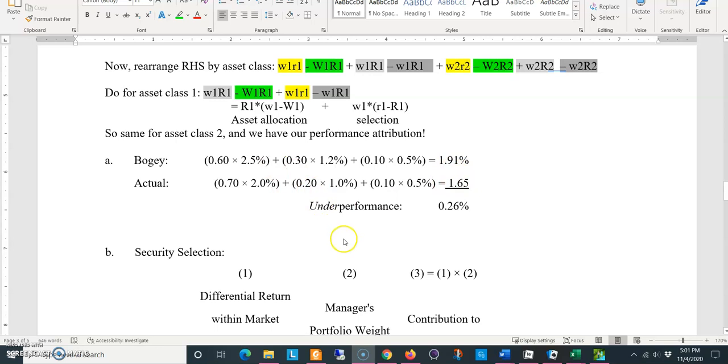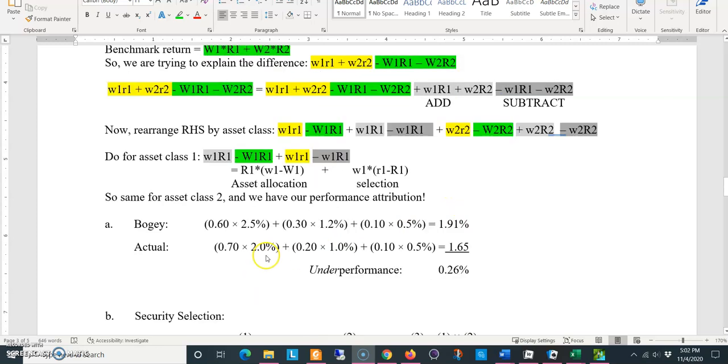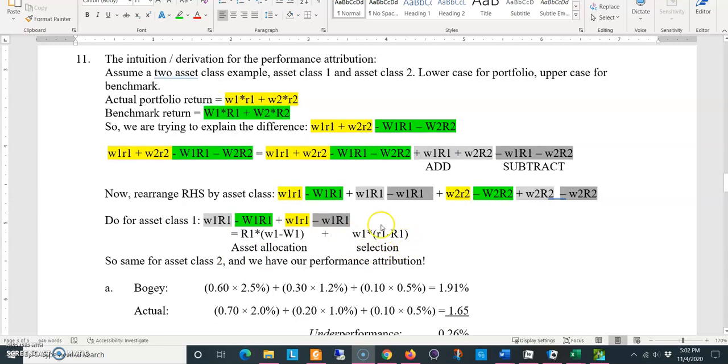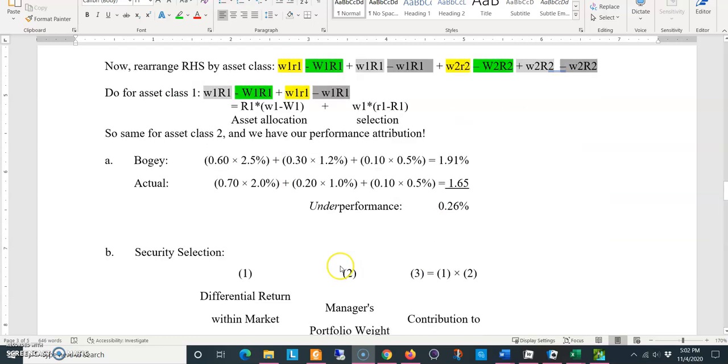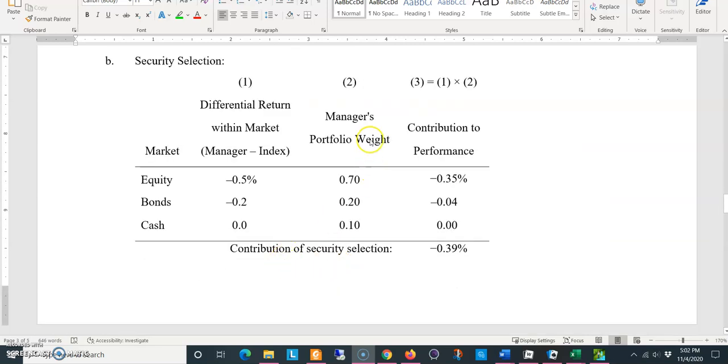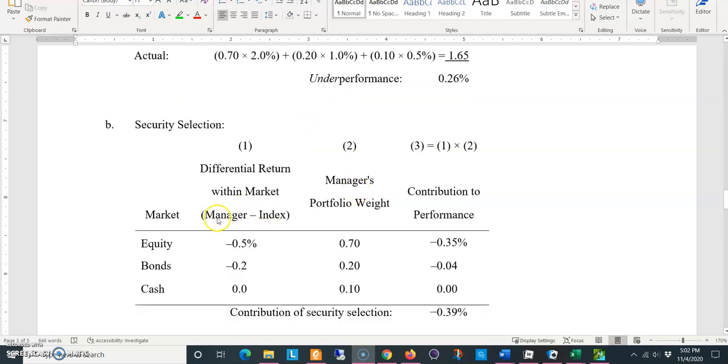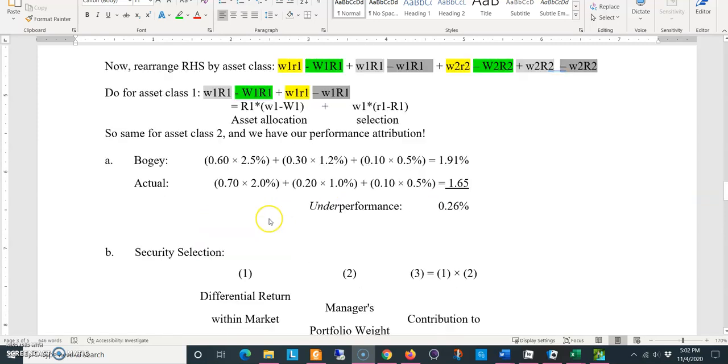Basically, that's telling me that this fund manager has underperformed the benchmark by 0.26%. Now I can calculate the security selection component, which takes the portfolio weights as given and multiplies that by the portfolio return minus the benchmark return. So that's what I'm doing here. I'm taking the manager's portfolio weight, and then the manager's actual portfolio return minus the index return.